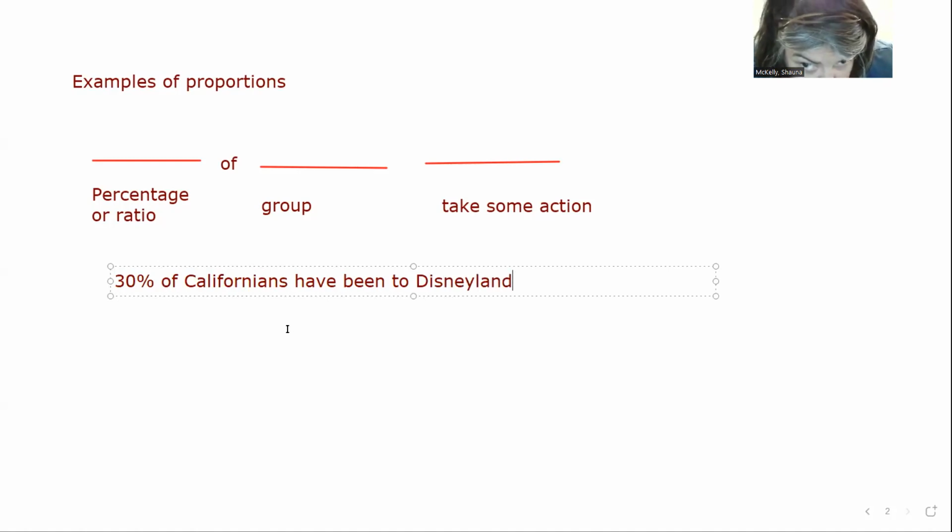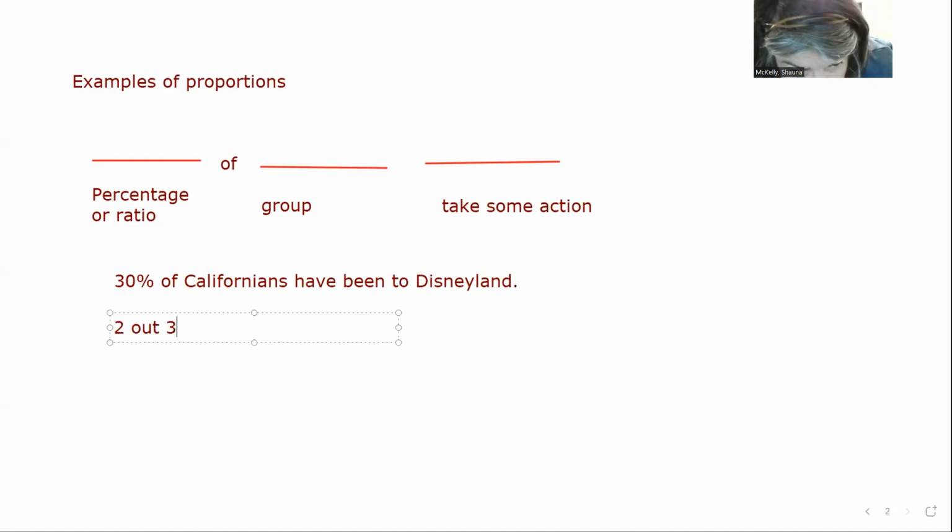That's an example of a proportion, a percentage or a ratio. Or I could say something like 2 out of 3 women, let's say that's my group, 2 out of 3 women work outside the home, something like that.